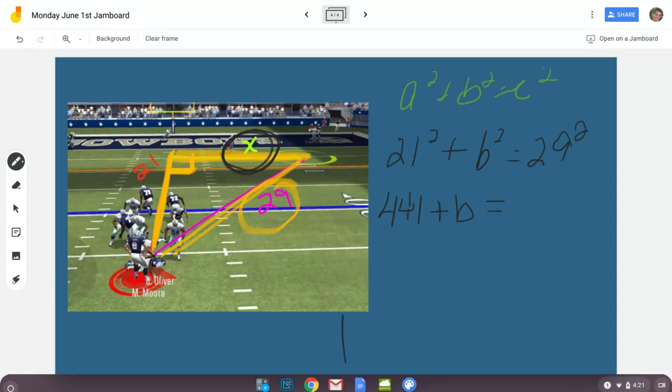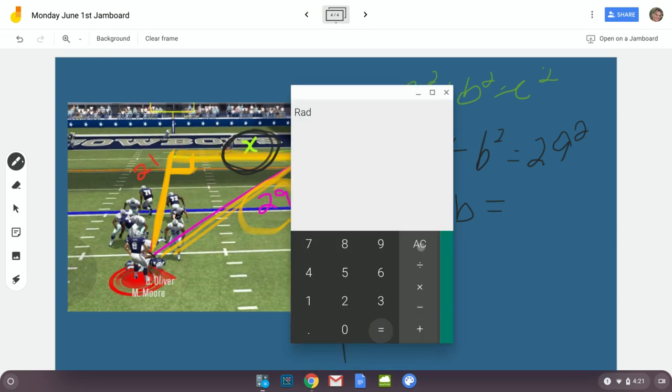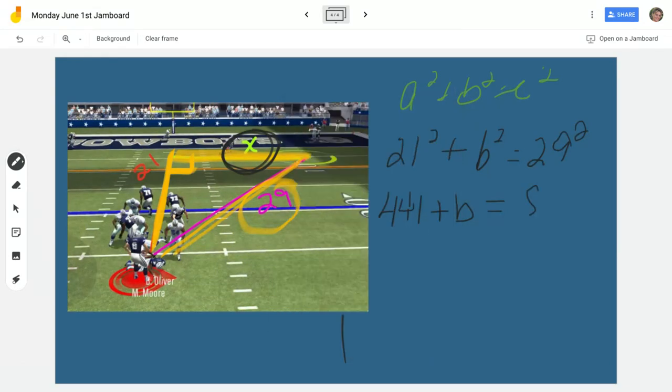So I'm going to pull my calculator up, and I'm going to do 29 times 29, and that equals 841. Now, remember, I'm trying to find out what this x is, or in this case, b is. So now I have to get it by itself. So I need to isolate it.